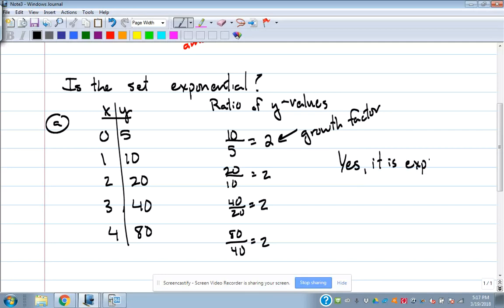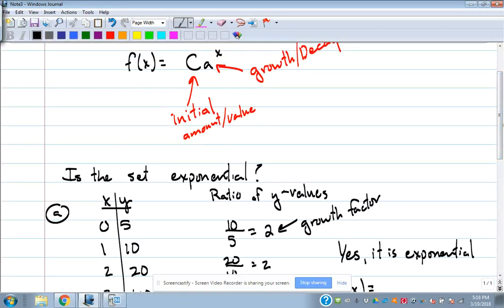So if we're going to write that yes, it is exponential, we're smart enough to actually write the function. I know the growth factor, the ratio of the Y values. It's 2. Where's that go in my function? Up here, where A is.